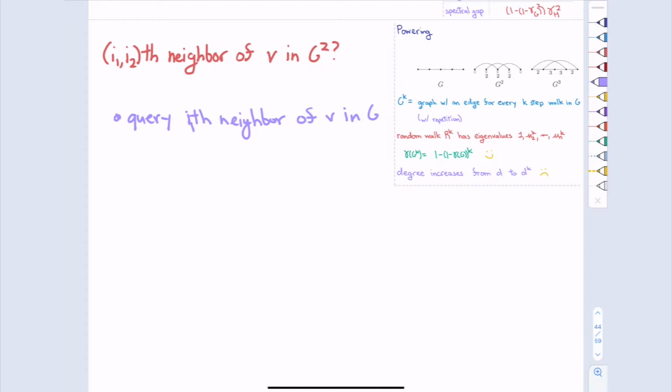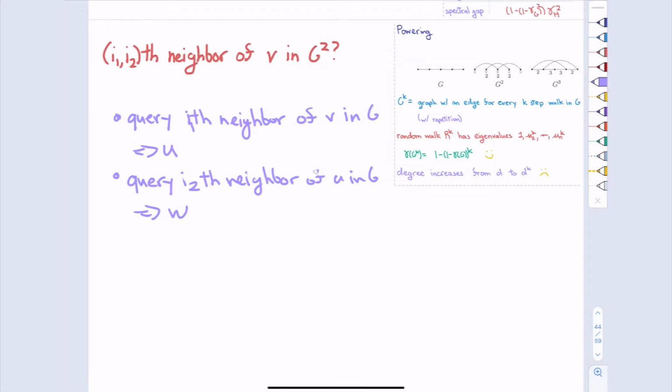So G squared might be very high up on your stack. You just go down and ask, what's the ith neighbor down here? Something recursively happens, and that gives you some vertex u. Then you can query the I2th neighbor of u in G. That gives you some w, and you return w.